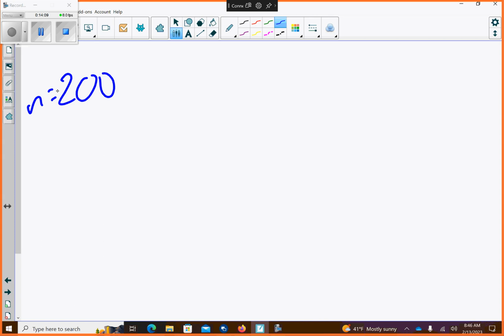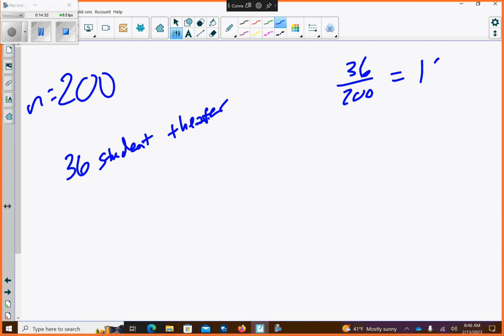All right, so they say that 36 students are going to go to the theater. And then we wish to find the true percentage of students who plan to attend. So first off, I'm going to go 36 divided by 200, which comes out to 18%, or 0.18.